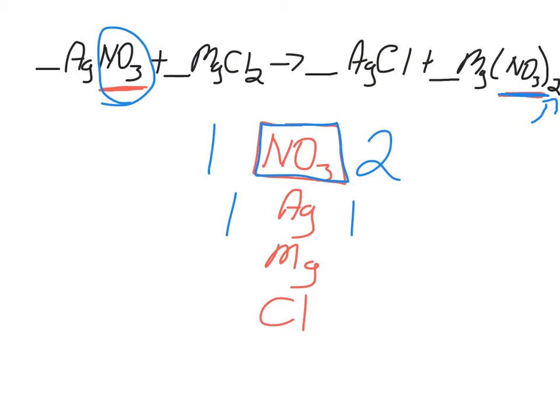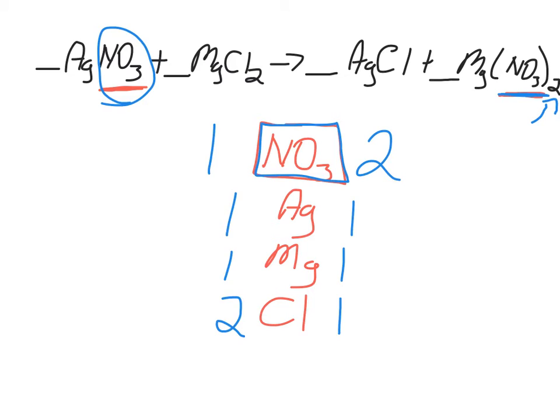Okay, hold on. How many magnesiums do you have on the left-hand side? You have 1. How many magnesiums do you have on the right-hand side? 1. Okay, how many chlorines do you have on the left-hand side? 2. And how many chlorines do you have on the product side? 1. Okay, now, remember the last equation?